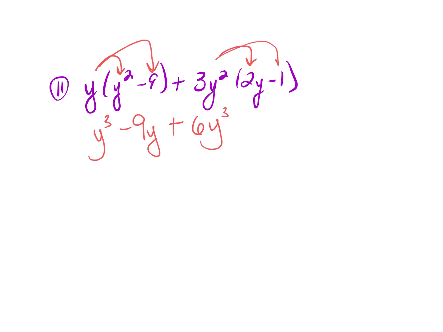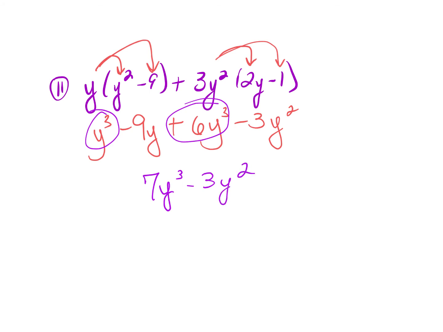And then 3y squared times negative 1 minus 3y squared. Do I leave it like that? No. What do I have to do? Combine like terms, right? I have a y cubed and a positive 6y cubed. 1 plus 6 gives me 7y cubed. Good.